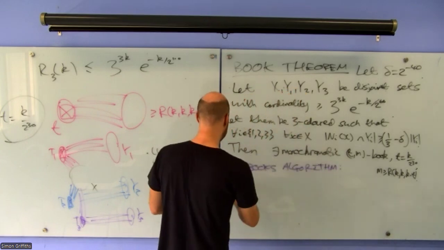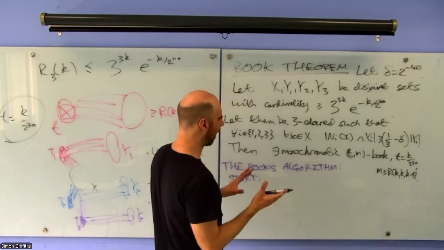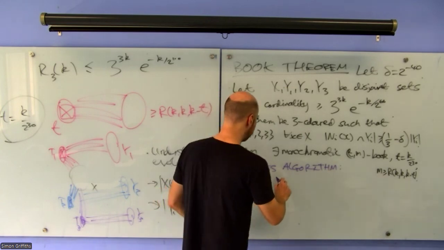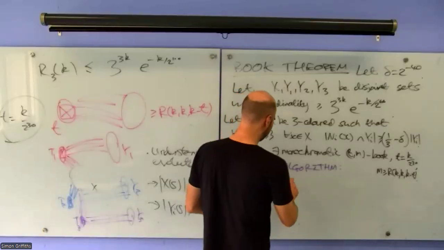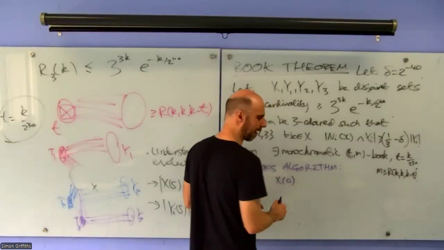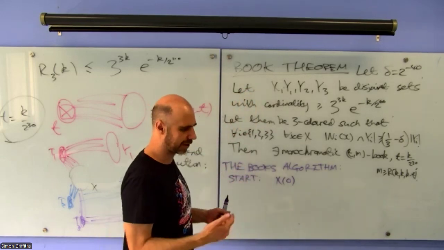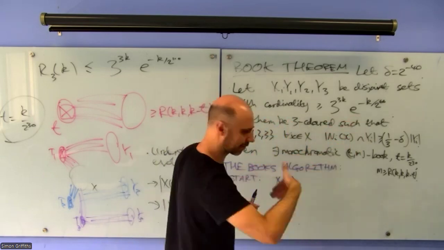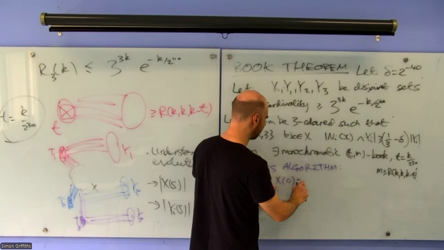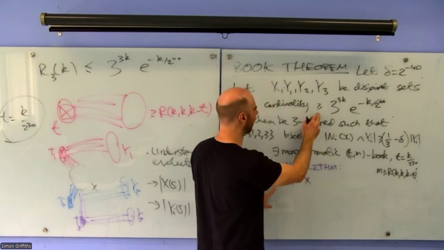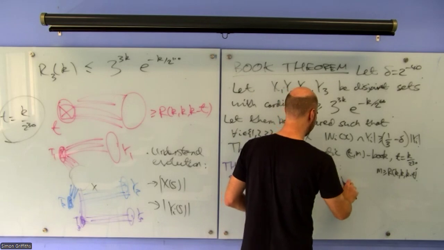So you start with, now when I write x of something, this means the time from the point of view of the algorithm. We did this in the last class as well, right? After s steps, you had minimum degree condition like p_i of s. So that's what this means. So at the start of time, we set X equal to our X from here. Each of the y_i's is equal to the y_i from the book theorem.